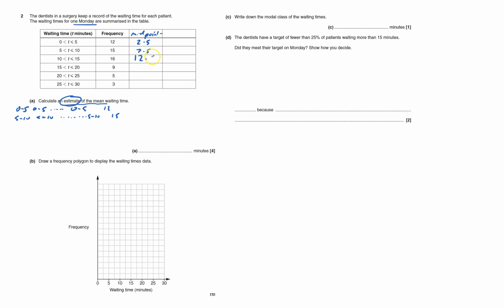You want to always just check that it is actually correct. Don't just follow the pattern. 20 to 25 is 22.5, and halfway between 25 and 30 is 27.5.